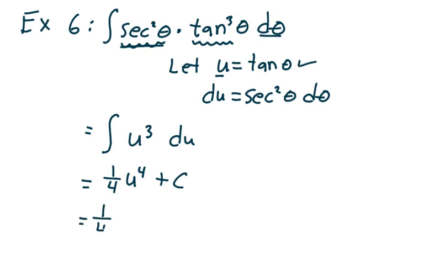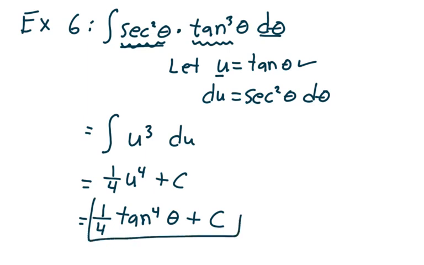And so we get 1/4 tangent to the 4th theta plus c. Example 6. Example 7. Suppose I give you this one.